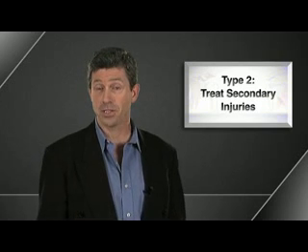In the second type, where there is an associated injury or a trauma that started it, there may be a secondary injury that needs to be treated in order to finish the healing of the inflammation and restore motion. Now, that being said, no matter what type you have, the first type which had no trauma, or the second type that has an associated injury or trauma, inflammation is still the main cause of a frozen shoulder. And so we have to treat the inflammation.